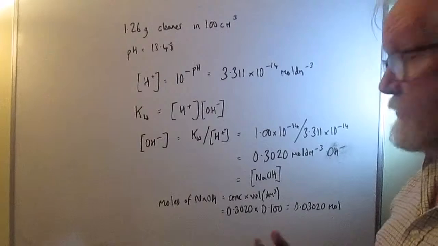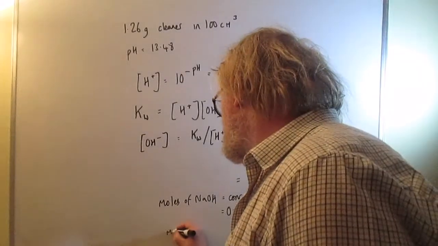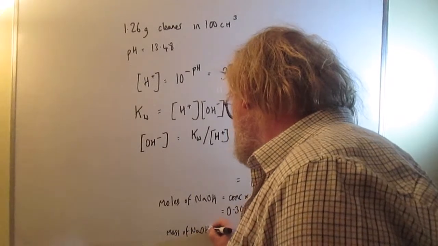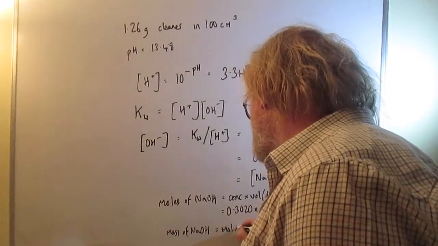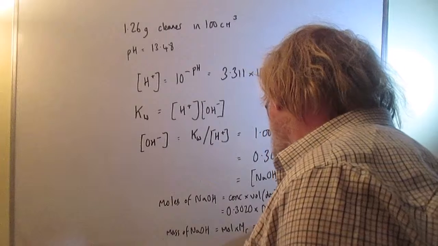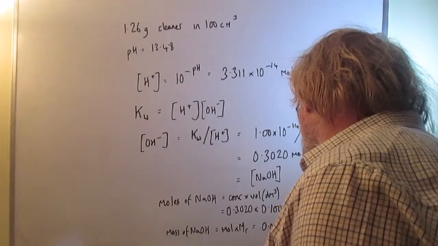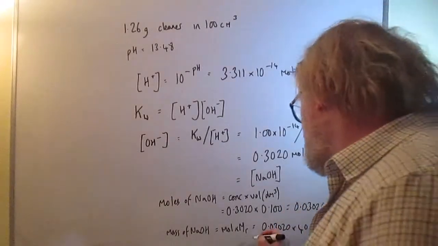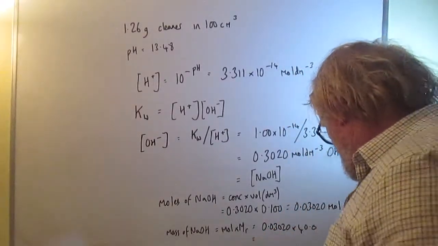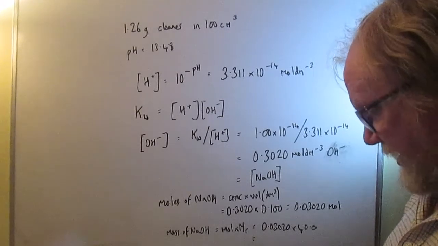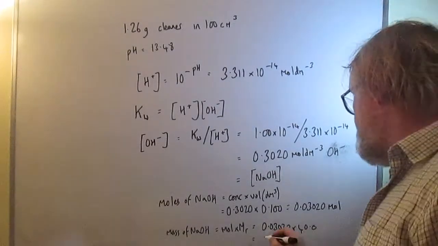And we can turn that into a mass. So mass of NaOH is moles times Mr, which is 0.03020 times 40.0 for sodium hydroxide, which is 12.08.